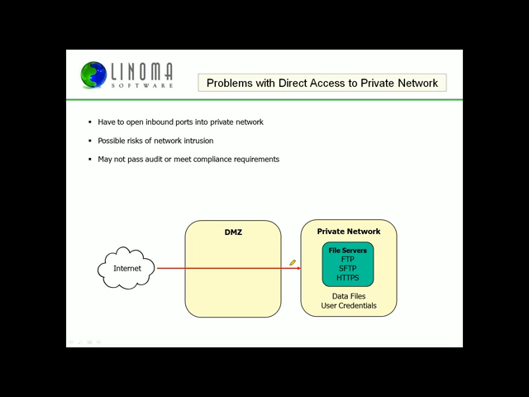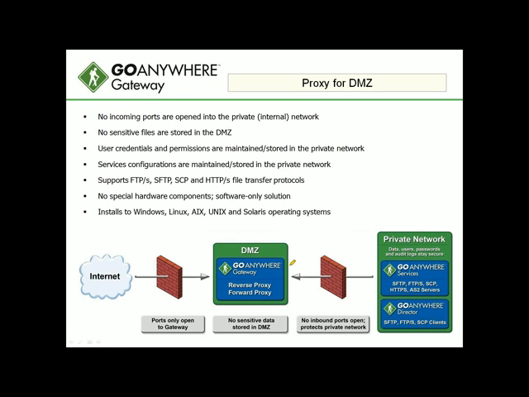So what's the solution to that? We have a product called GoAnywhere Gateway that you can install out in your DMZ, and it will act as a reverse proxy. Now, it's actually an enhanced reverse proxy, because a standard reverse proxy will require that you open up an inbound port back to your private network.